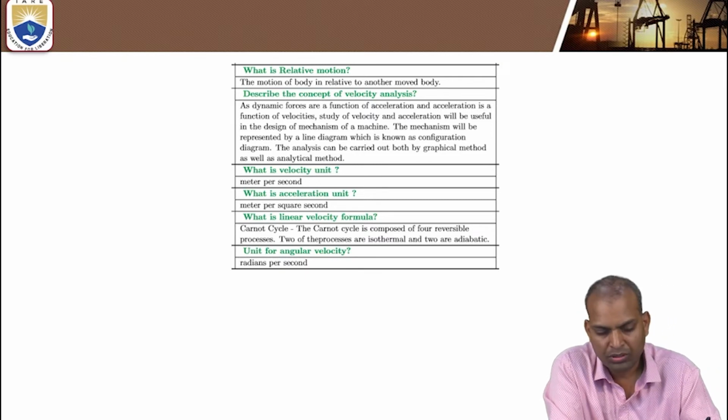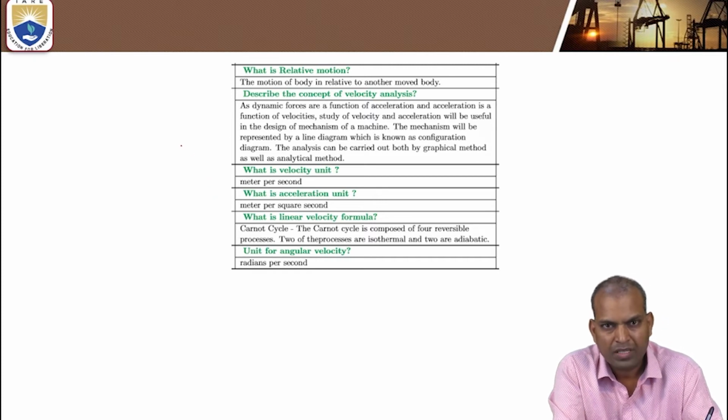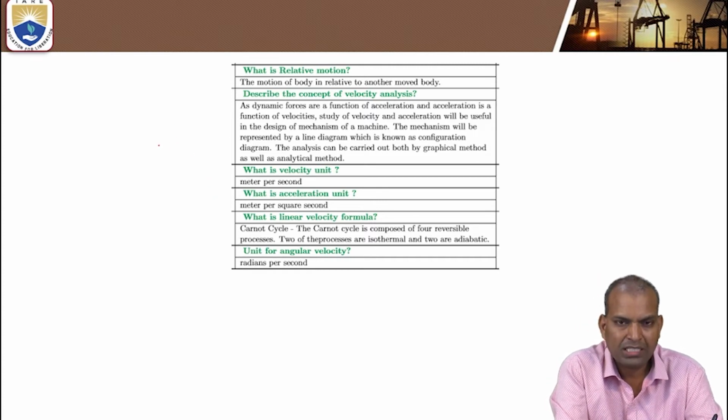What is relative motion? The relative motion is nothing but the motion of one body with respect to another body. And the concept of velocity analysis: simply, we have to calculate the velocities of various links of a mechanism by using the relative velocity method and equations of velocity.